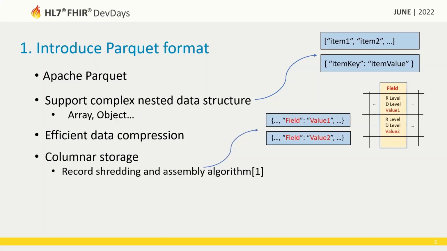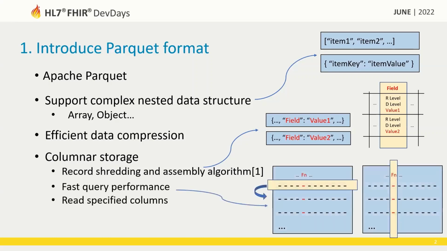Then, let's look at the column storage. The Parquet format uses a record shredding and assembling algorithm to store the complex nested data, so that we can access a specified field among the entire dataset column by column, rather than row by row. This brings us extremely fast query performance.